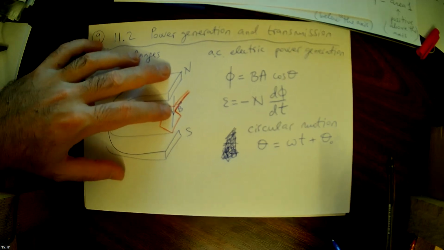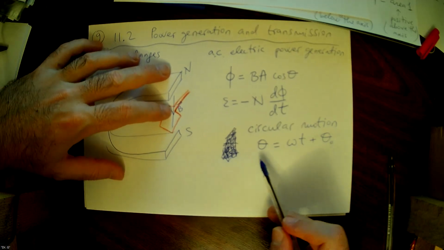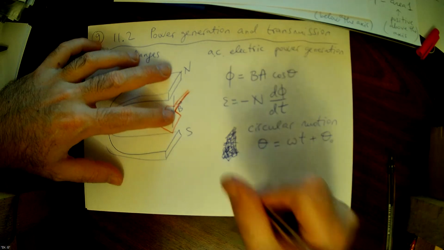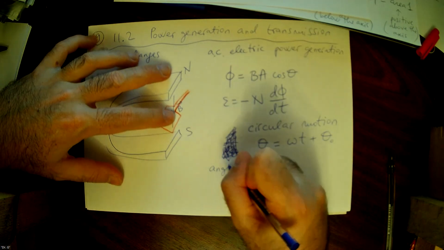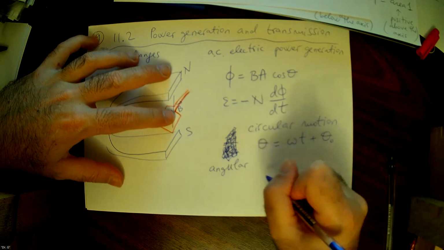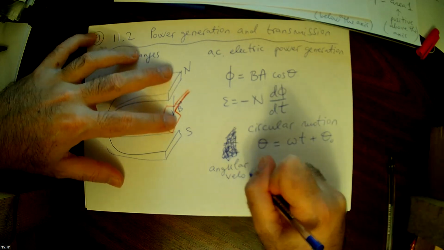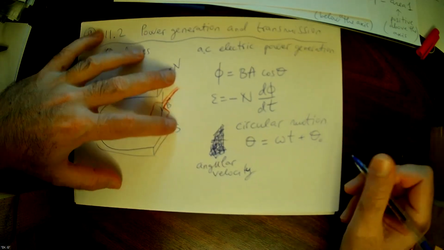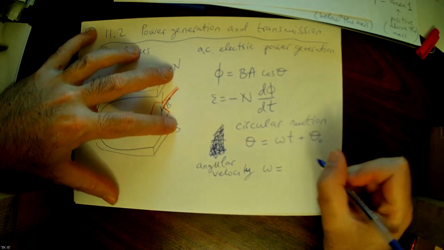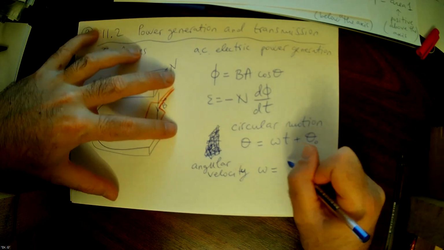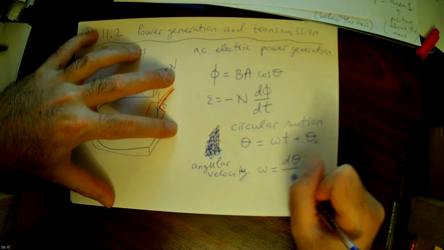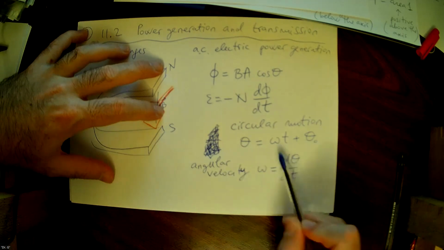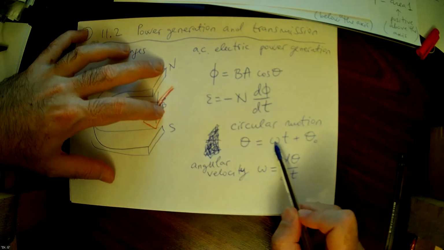It changes uniformly. Omega is the angular velocity. Omega is the change in theta over change in time, the derivative. Basically, you can see that if you take the derivative of this function, you get omega.